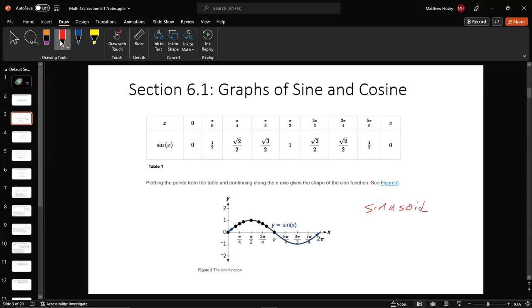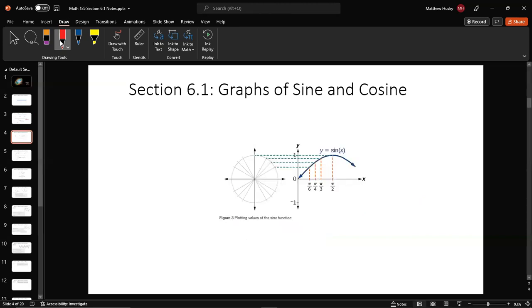And so it's the kind of curve you get from a sine graph. And then when we look at the cosine graph in a minute, it's going to be a very similar sort of shape. It's just going to be in a slightly different position. But that's also known as a sinusoid. Graphs of sine and cosine functions together are called sinusoids.